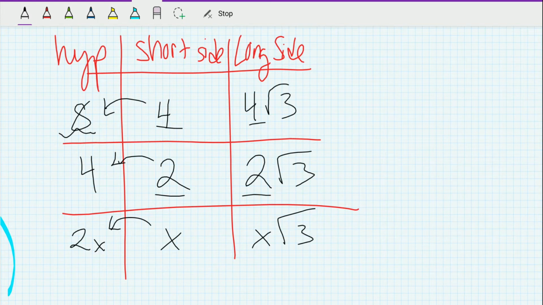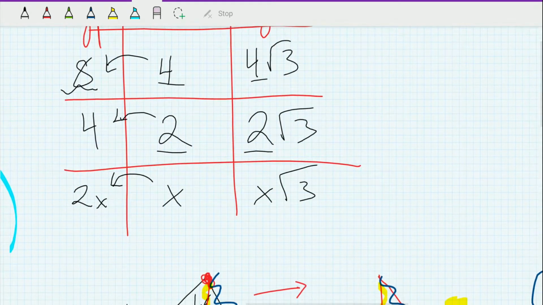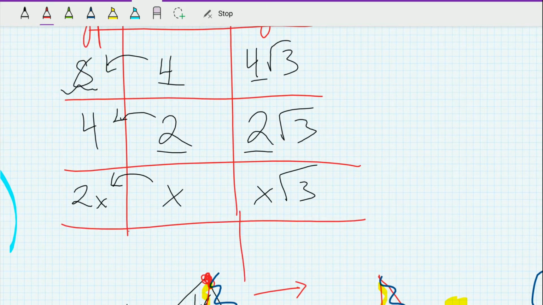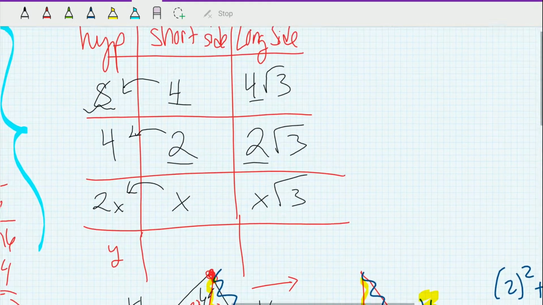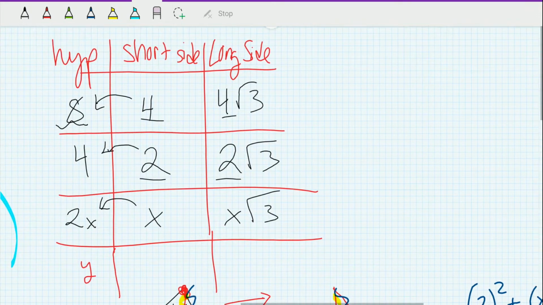So now let me explain why we don't do it the other way, which, it doesn't really matter. It's up to you, as long as you understand how these patterns work. Let's imagine we put the variable here instead. Let's put y. So we have the hypotenuse, okay, and we're trying to go to the short side. Well, think about it, what do we do every single time?